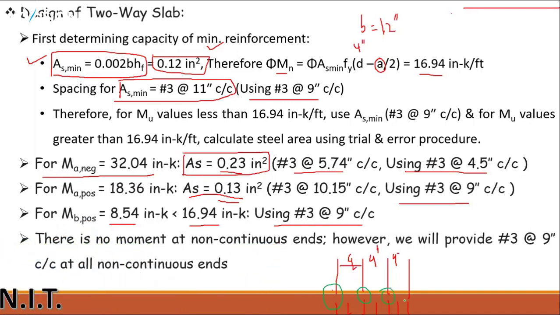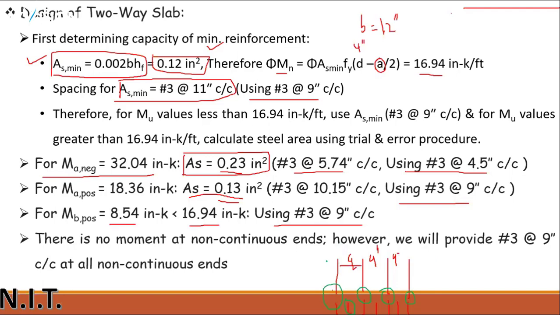This steel can overlap, and similarly this steel can overlap. The bottom steel dimension is 4.5 inches and the top steel dimension is 9 inch center to center. So this steel has to be applied at 4.5 inch, so that one steel after another can overlap with one another.